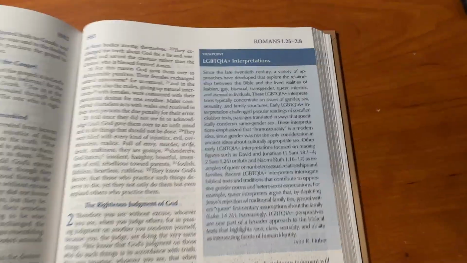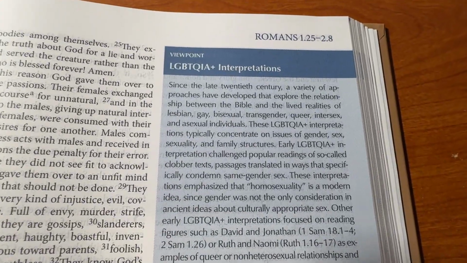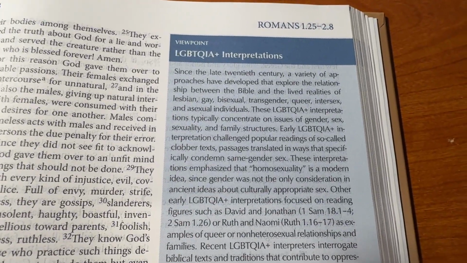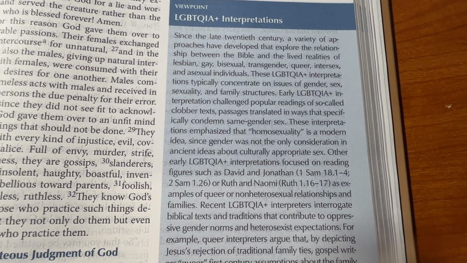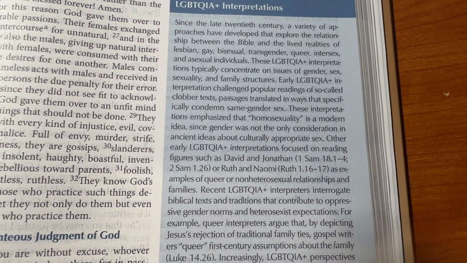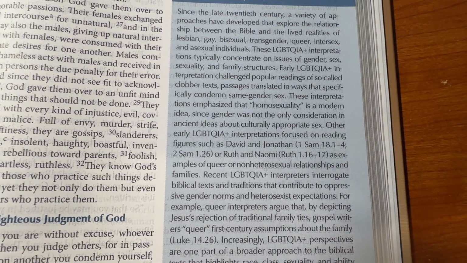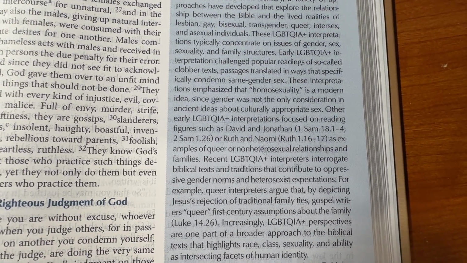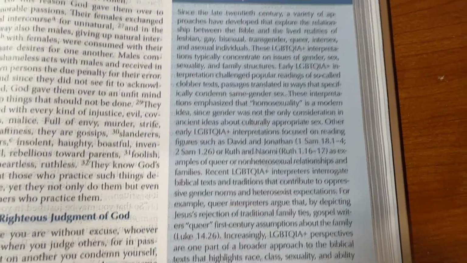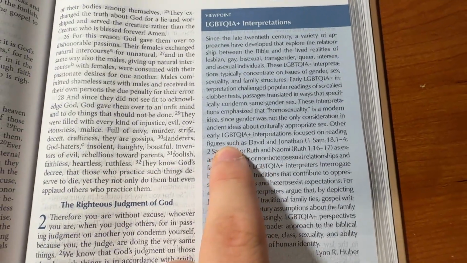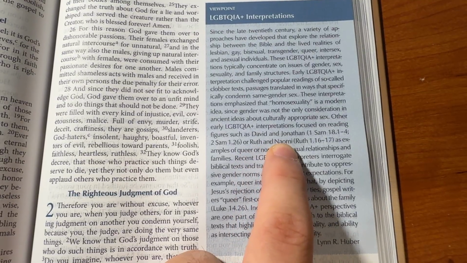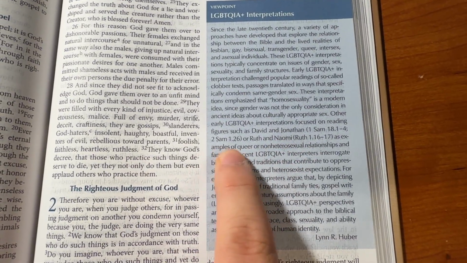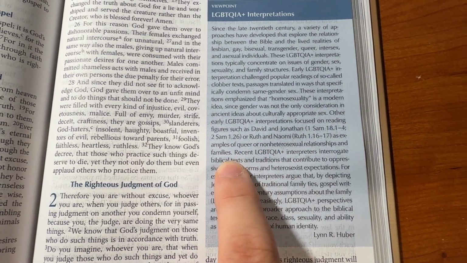Here's an example of it being liberal. So it has a viewpoint on LGBTQIA plus interpretations, and it would take the position that the Bible does not condemn such practices, and in fact, it seems to believe that, like David and Jonathan and Ruth and Naomi, as examples of queer and non-heterosexual relationships and families.